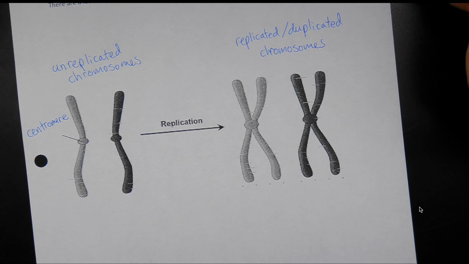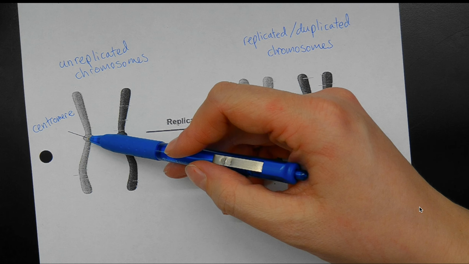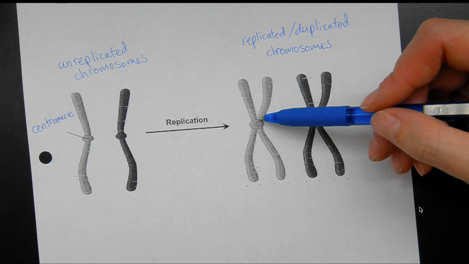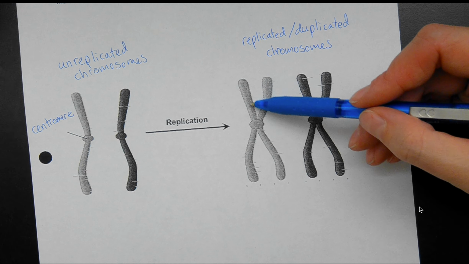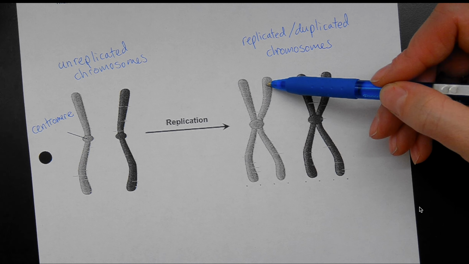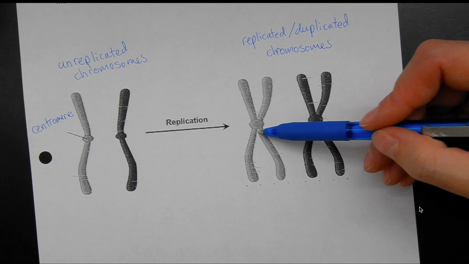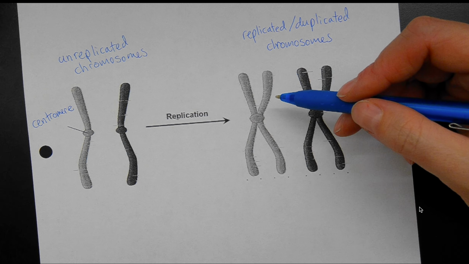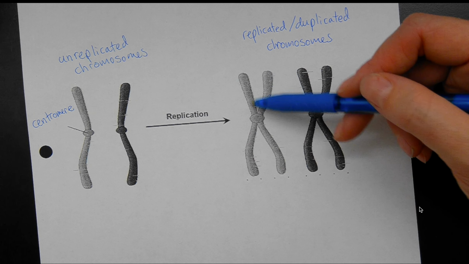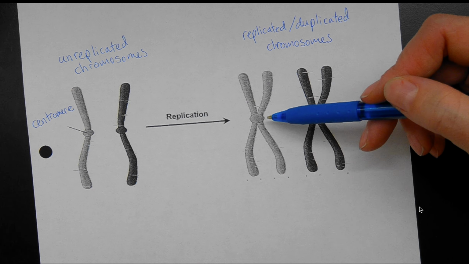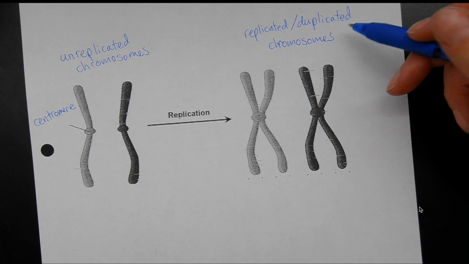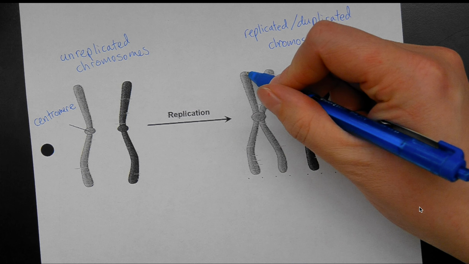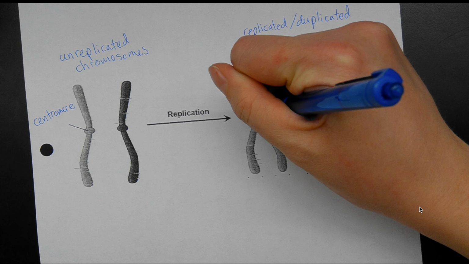Okay, so this chromosome on the left, the lighter colored one, has just made an exact copy. And so now these are 2 what's called chromatids, but they're part of the same chromosome. And each one has the same copies of the genes. So the genes over here are the same as the genes over here. Okay, so these are duplicated or replicated chromosomes. Each half is called a chromatid.